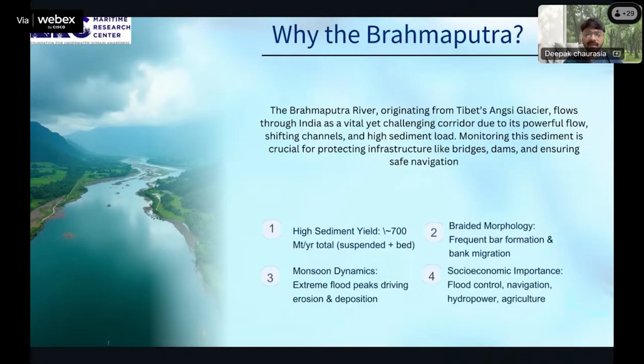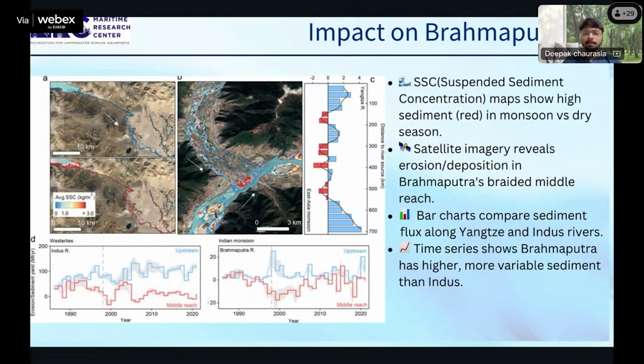This is way higher than any other river in India in terms of sediment. Second is gradient and morphology, with frequent bar formation, and third is monsoon dynamics, with extreme floods that may be a risk particularly in Assam and Arunachal Pradesh. And socioeconomic importance, of course, for flood, navigation systems, and infrastructure like hydropower and even for agriculture impact on the Brahmaputra.